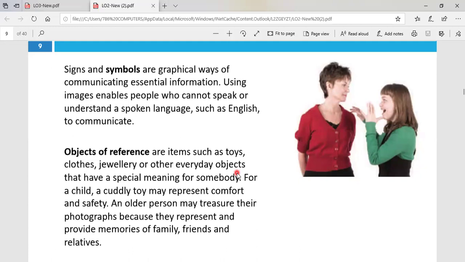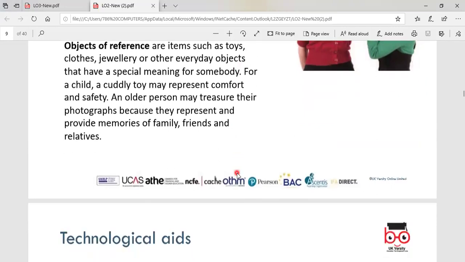For instance, if you have a certain toy in your room while you have a patient who's a minor coming in, that could help if you're communicating with that patient, and that could then give some comfort to that patient.